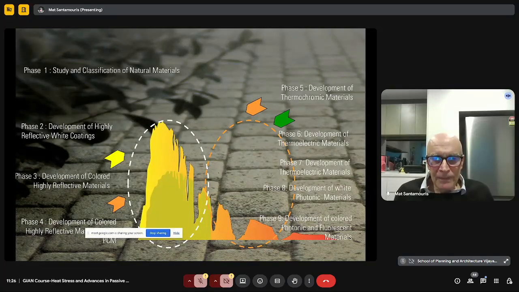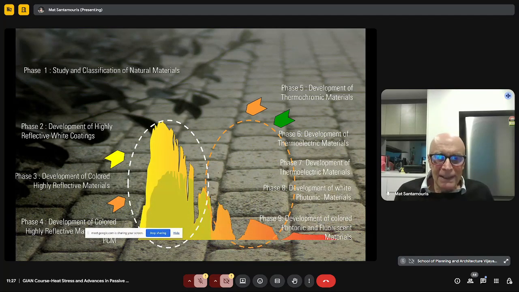So is it possible to have cool materials, reflective materials of different colors? Is it possible to have a cool black? Yes, it is possible. And these cool color materials have been developed around 2000, 2010, and are available everywhere in the market.